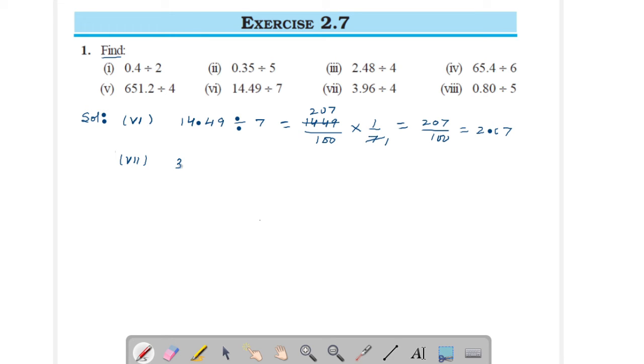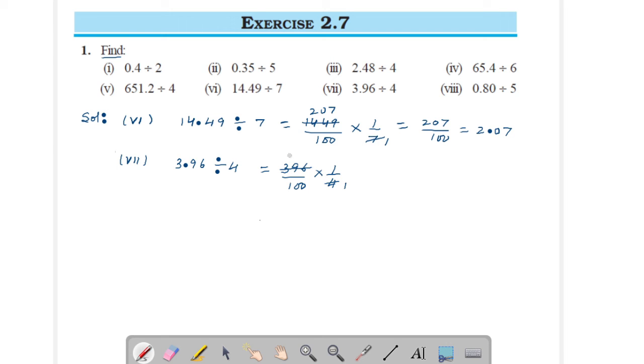It is 3.96 divided by 4. This can be written as 396 upon 100 into reciprocal of 4, that is 1 upon 4. Here cancel the terms. 396 by 4. 4 1 ja 4.